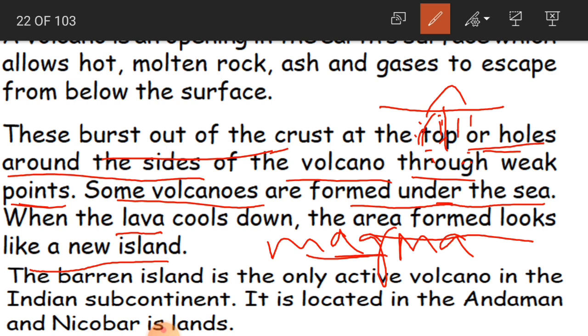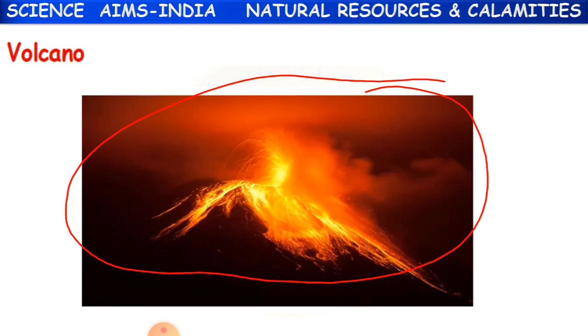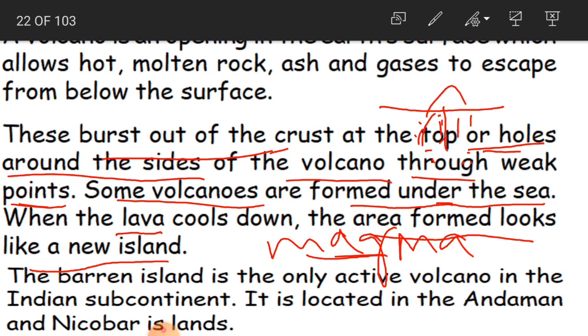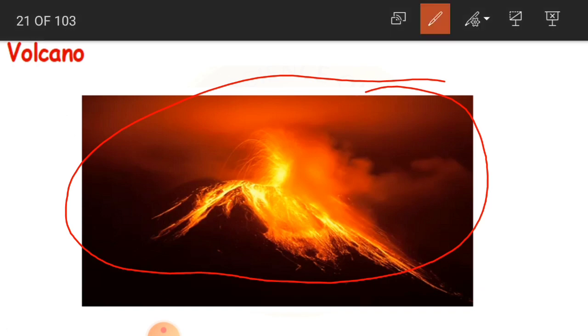When this magma comes out above the surface of the earth, we call it lava. So this is lava actually. Okay, just a minute, children. So this is lava. You can see this hot lava. Actually, when this lava is inside the earth, we call it magma, and now this is lava.